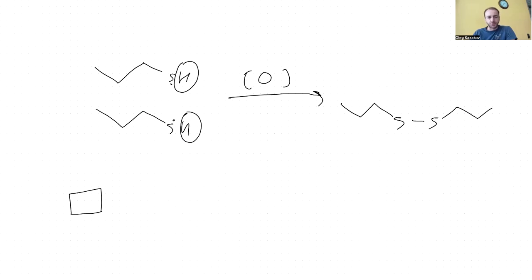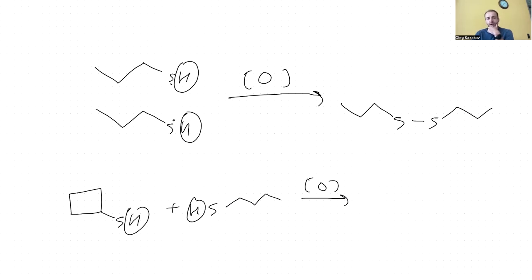This is going to be CH2, CH2, CH2, CH2, but now we have a CH here with an SH group. We're going to react it with another thiol, which looks like this, maybe 4 carbons in the chain. Under oxidizing conditions, we are going to remove H and connect the two sulfur atoms. Observe.